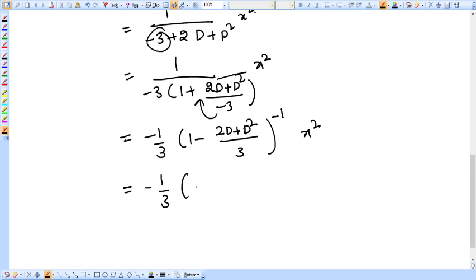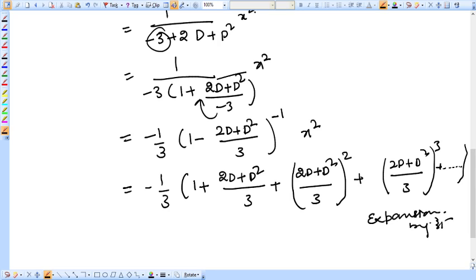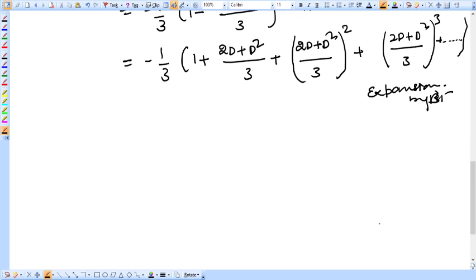By expansion through the binomial theorem, we get 1 plus (2D plus D square) divided by 3, plus ((2D plus D square) divided by 3) whole square, plus ((2D plus D square) divided by 3) whole cube, up to so on. At the end, when the expansion is done, you will have to write x square here, because Q is equal to x square in this case.